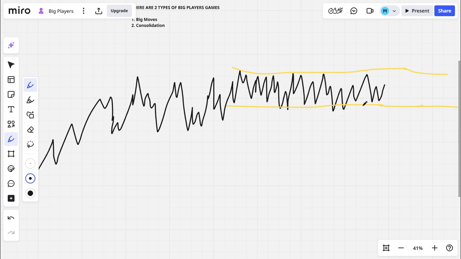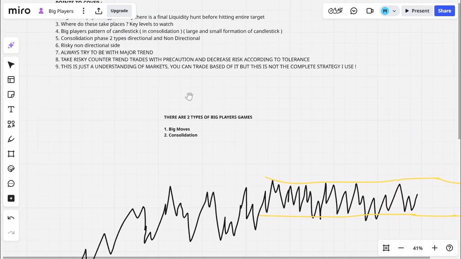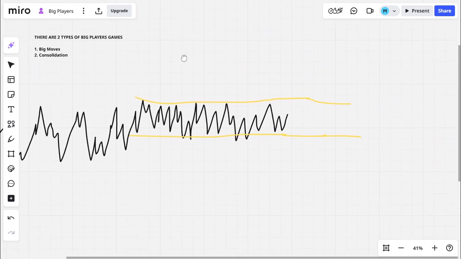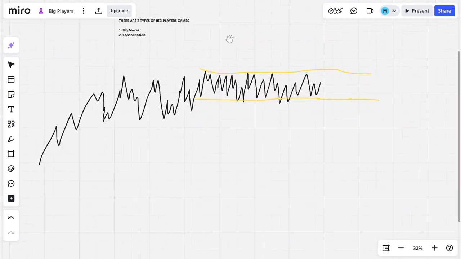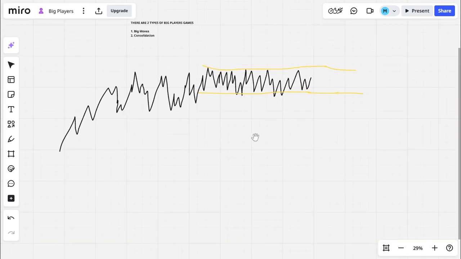In this consolidation, there are two types of things that happen. One is the directional and second is the non-directional. In which trend are we, guys? Just answer this question in your mind. In which trend are we right now?